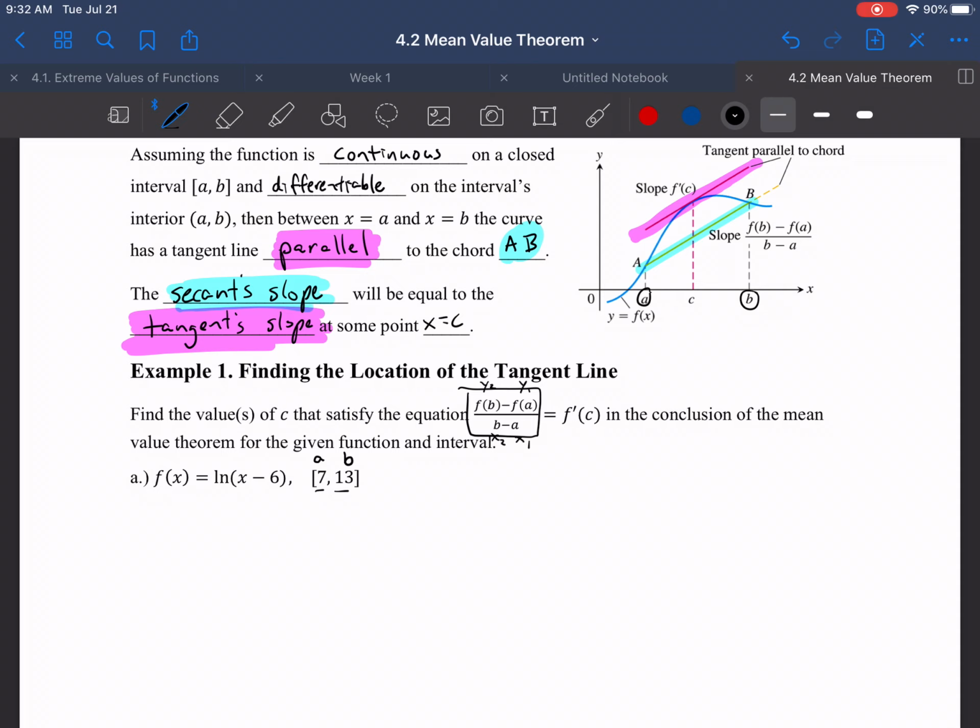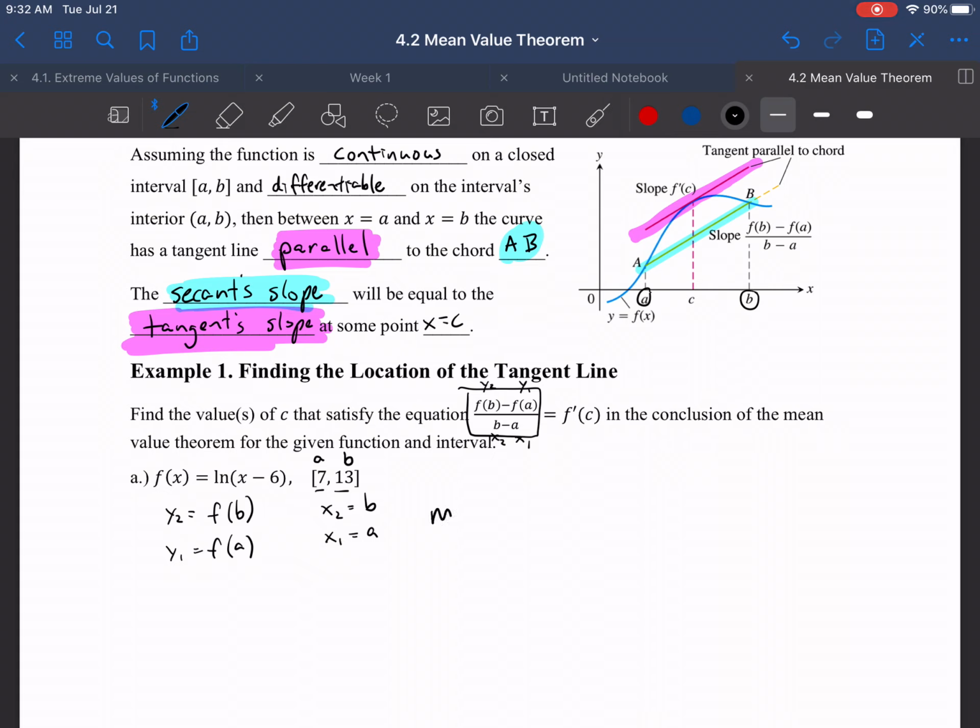So in other words, y2 is f of b, x2 is b, y1 is f of a, x1 is a. And so that's all this formula is doing. It's just doing our change in y over change in x, so the slope.